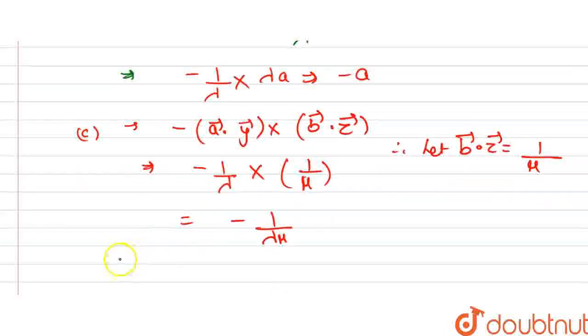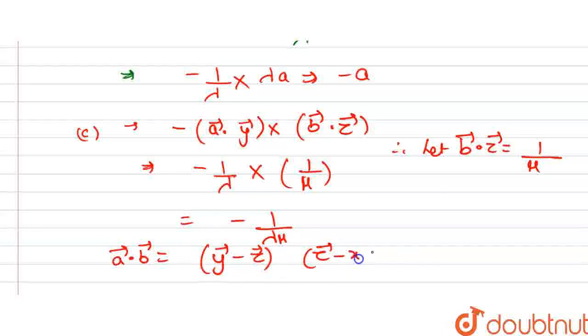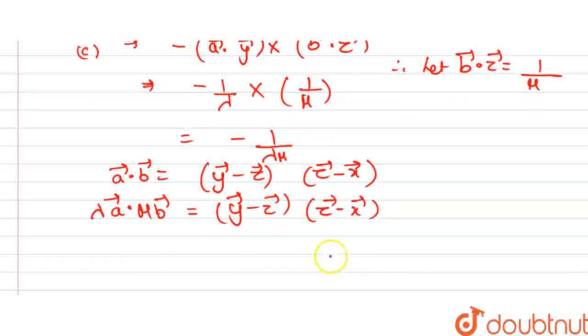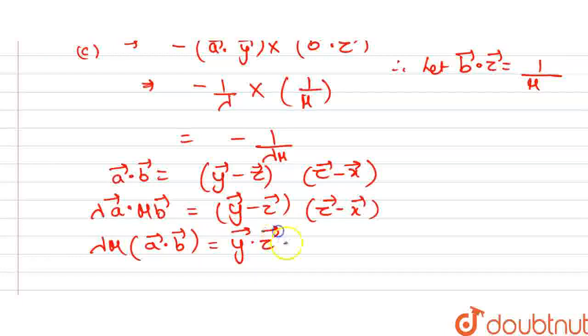So a vector dot b vector is equal to y vector minus z vector into z vector minus x vector, and multiply lambda a into mu b here. So we get here y vector minus z vector and z vector minus x vector. So we get here lambda mu a vector into b vector is equal to y vector into z vector minus z vector plus z vector into x vector.